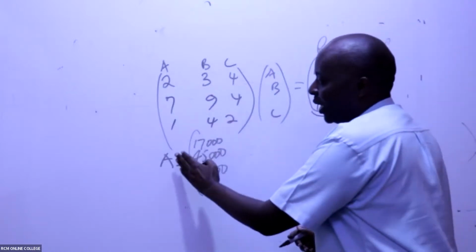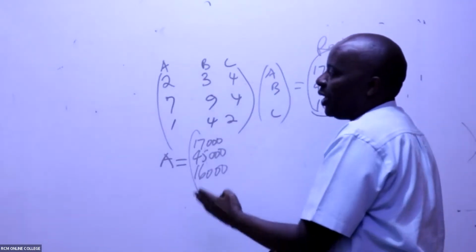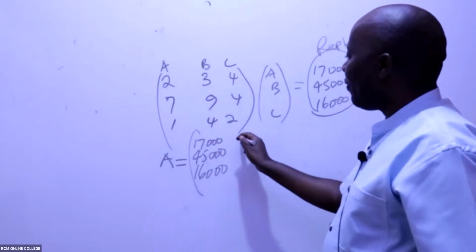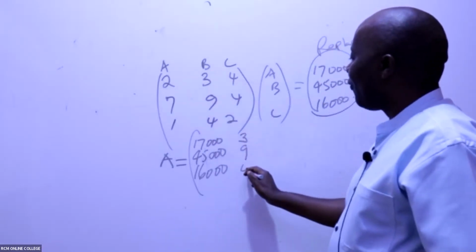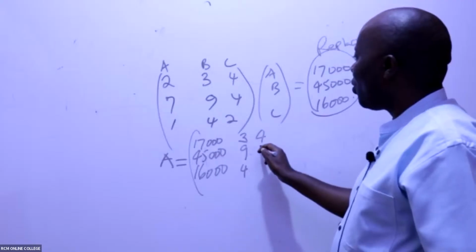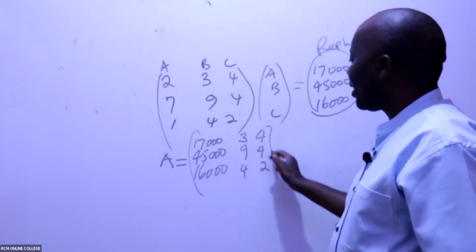If it's A, we only attack the column of A. The others remain. So we have here 3, 9, 4, and 4, 4, 2, like that.